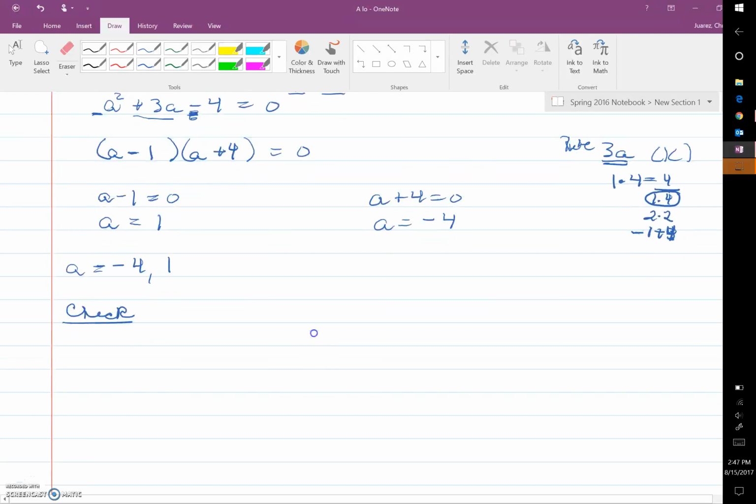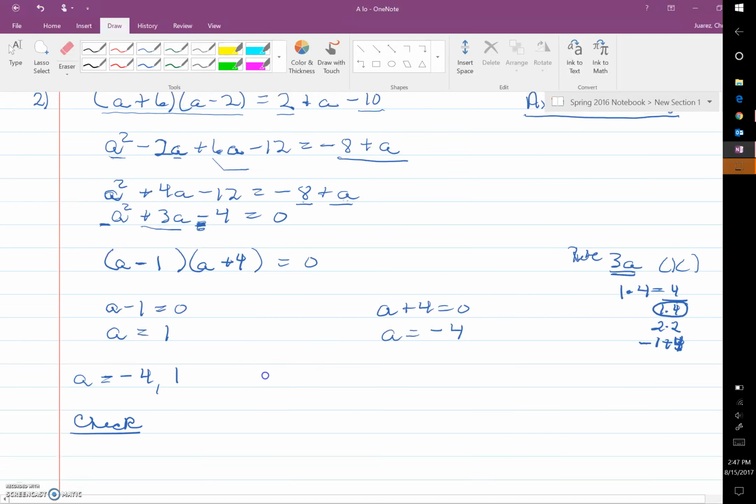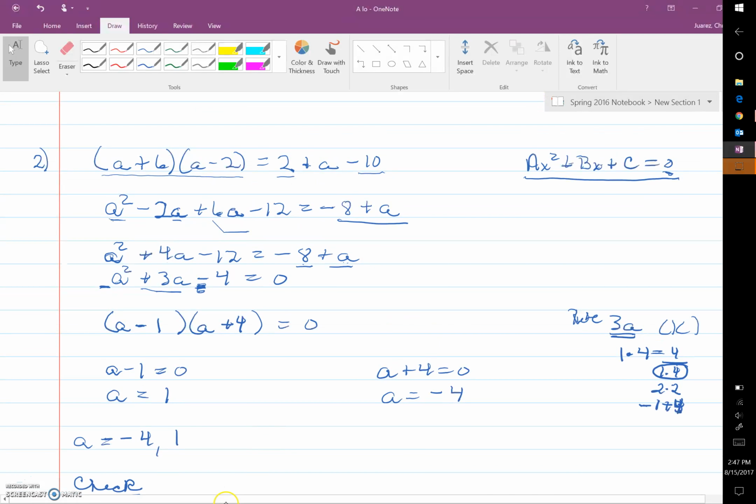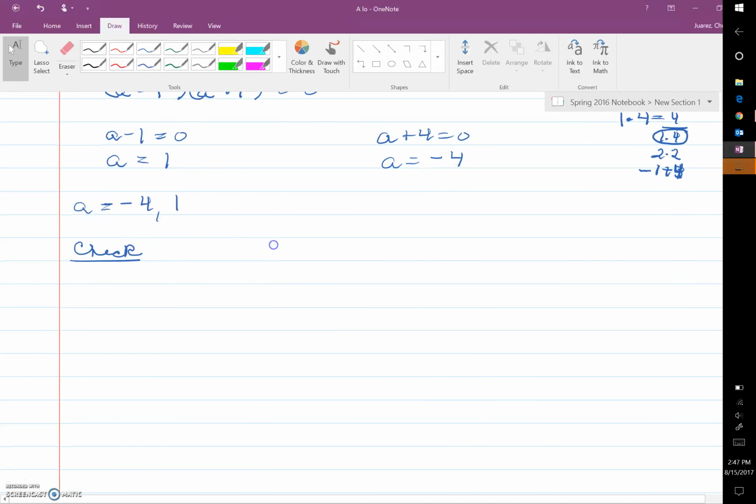Let's start by checking. Now remember, we have to check in the original equation. Okay? So I'm going to put negative 4 everywhere I have an a.